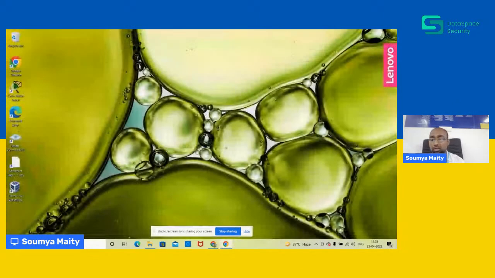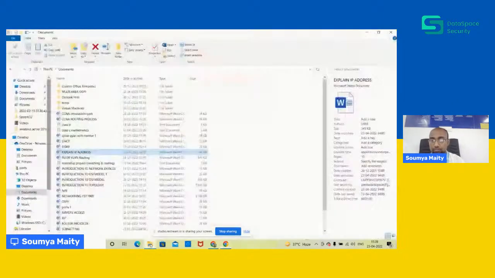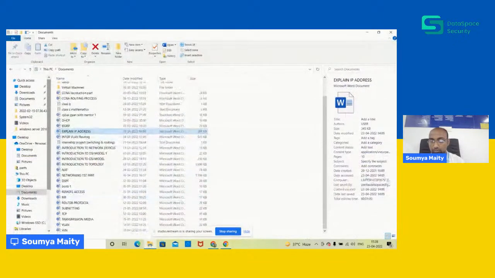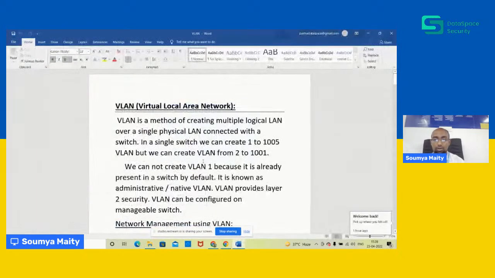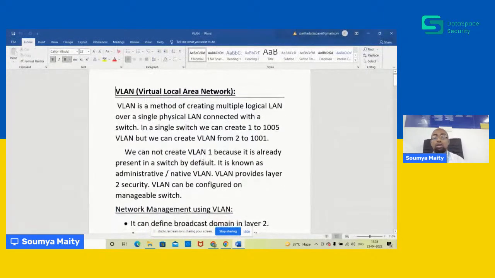VLAN switching. So this is a switching part because VLAN we can create only in a switch. The full form of VLAN is virtual local area network. VLAN is a method of creating multiple logical LANs over a single physical LAN connected with a switch.